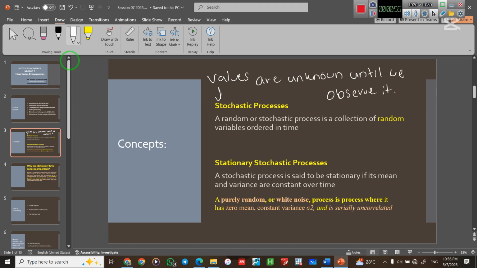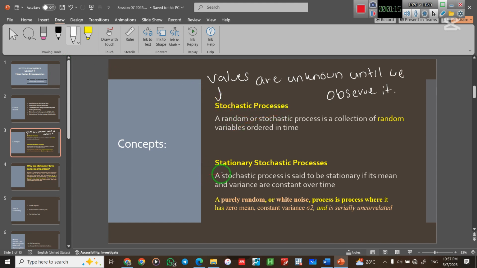In the stochastic process, we are collecting the values related to some variables, and the values we are collecting are unknown until we observe them. That is what we call a stochastic process.